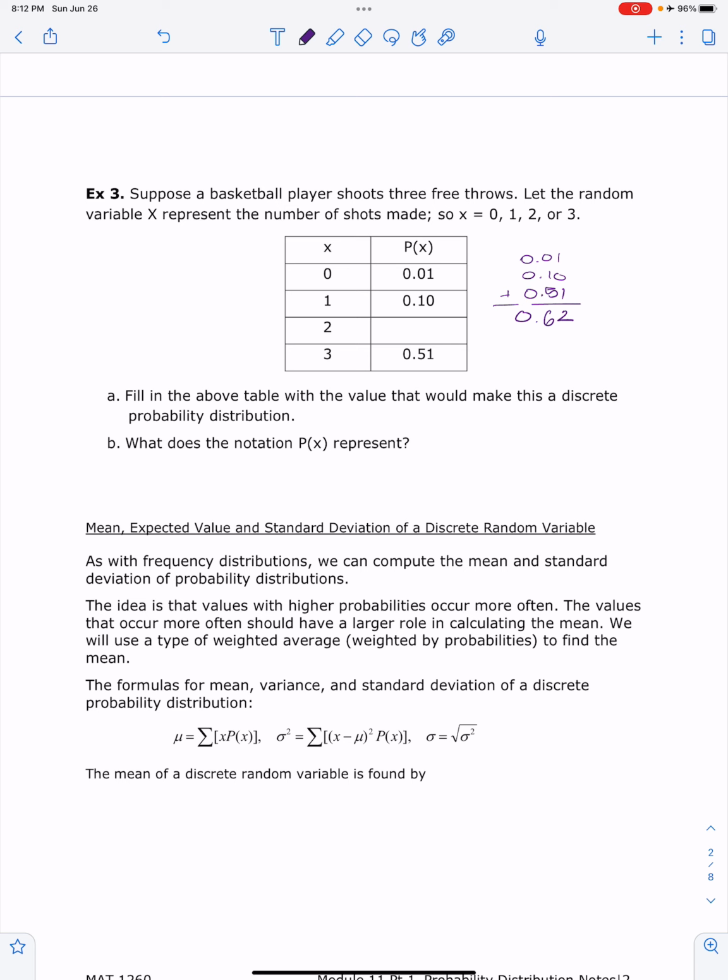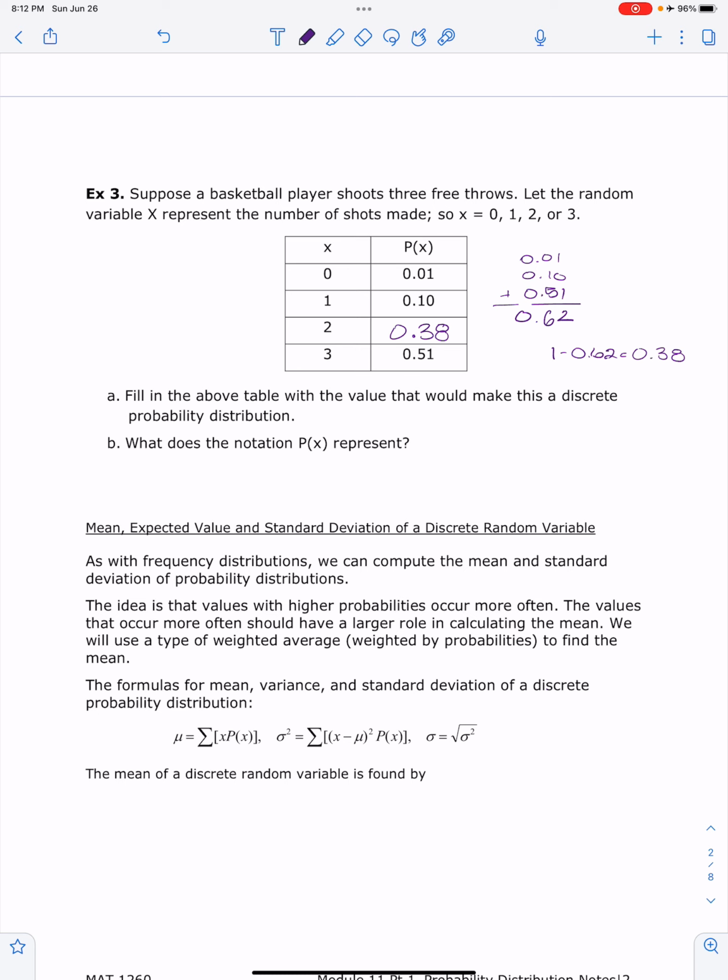So if we add the 3 probabilities we have, we get a 0.62, 1 minus 0.62, and we get a 0.38. So the probability of making 2 of 3 shots is 0.38.